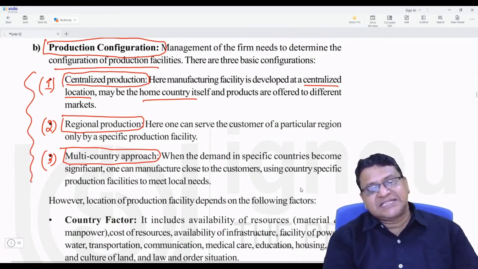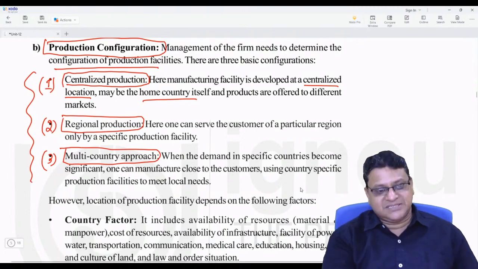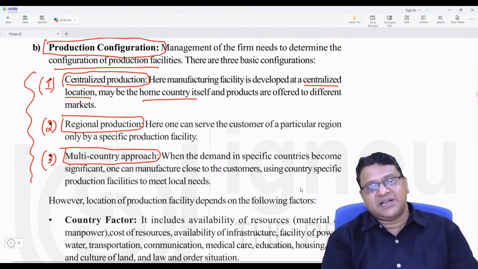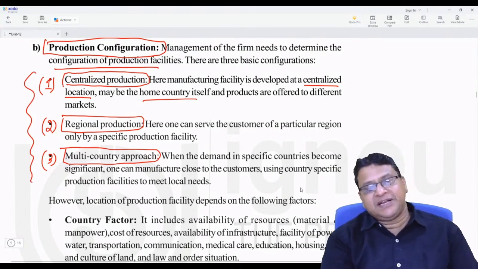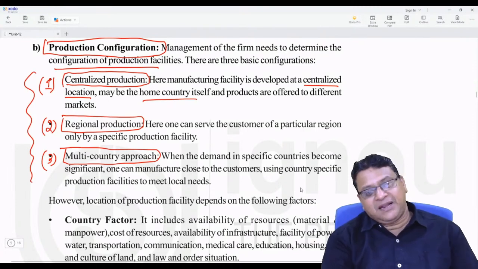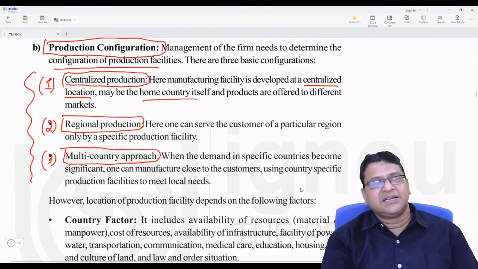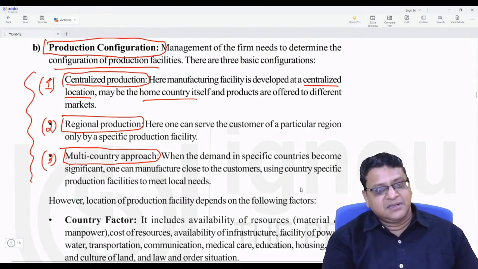Second one is regional production. What is regional production? For a particular region, they set up one production base. For southeastern region, they may set up the production base in India. For European region, they can set up in Germany. For American market, they can set up the production in USA.